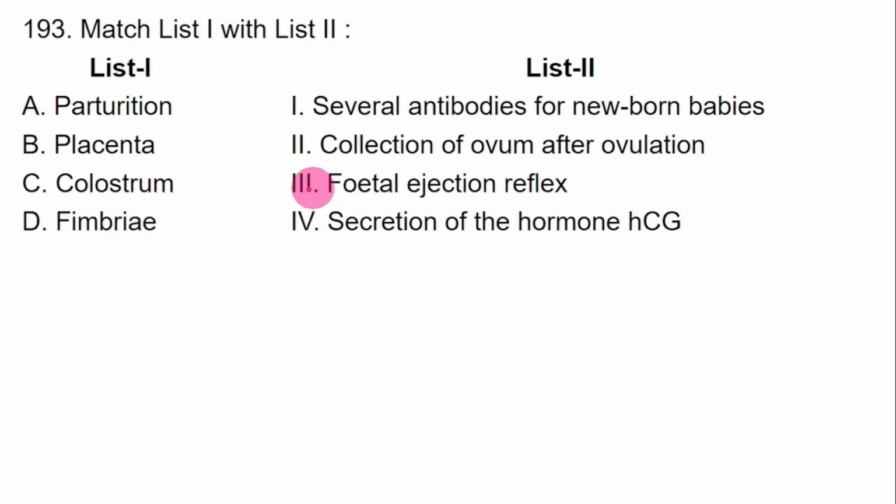Fimbriae. Fimbriae are for collection of ovum after ovulation. So what are fimbriae? Fimbriae are the finger-like structures which are part of the fallopian tube. If this is the ovary, the funnel-shaped structure will be the infundibulum, and it will have finger-like projections.